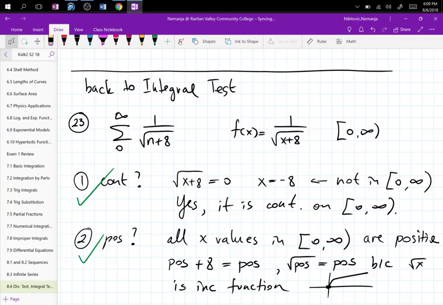So you will be comparing this in a comparison test to the P series 1 over n to the half, and if that satisfies the conditions, then you would also see divergence there, because the P series of n to the half diverges because it's less than 1. Right? Only more than 1 converges. Less than 1 diverges, and this is p equal to 1/2.